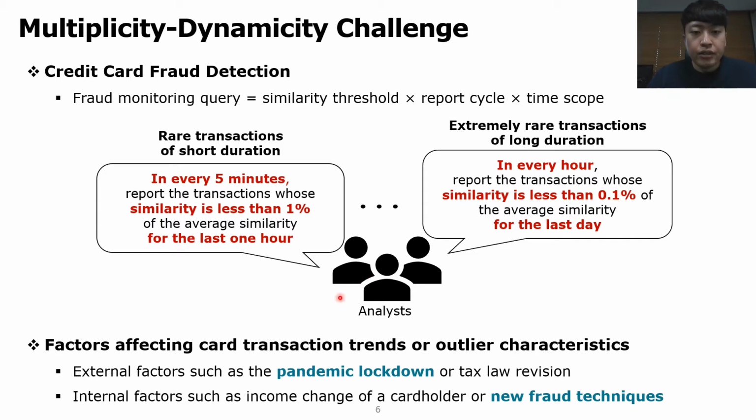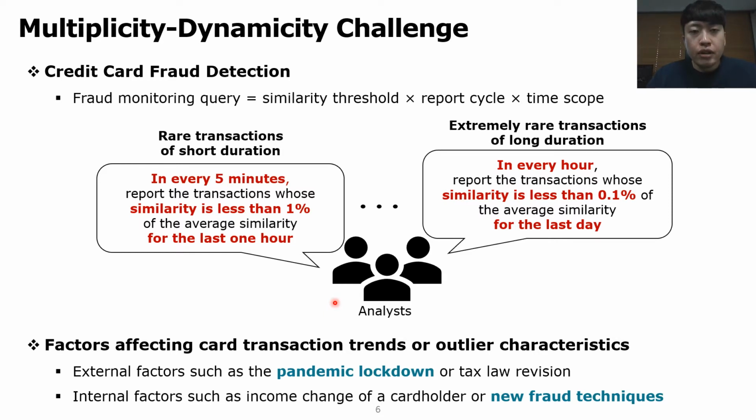For example, in card transaction trends, external factors such as pandemic lockdowns or tax law revisions may affect the different types of outlier detection queries. And internal factors such as income changes or cardholder characteristic changes, or new fraud techniques, may make analysts give different types of queries.